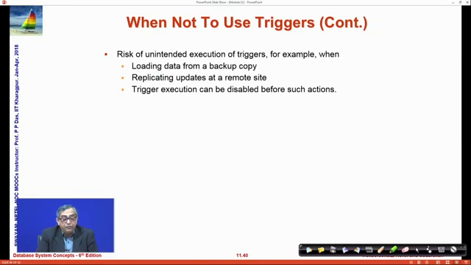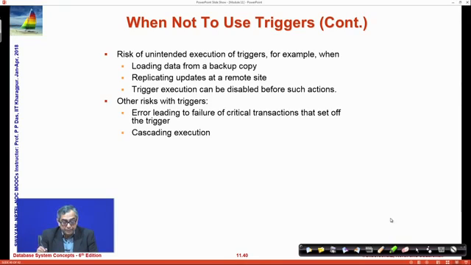If you are working offline, for example, loading the data from a backup copy, or replicating your database at a remote site, then you have to switch off the trigger. Otherwise, the triggers will start firing falsely, and that may have a catastrophic effect, triggering different alarms and all that. So, you have to be careful with triggers in that manner, including cascading executions and all those.